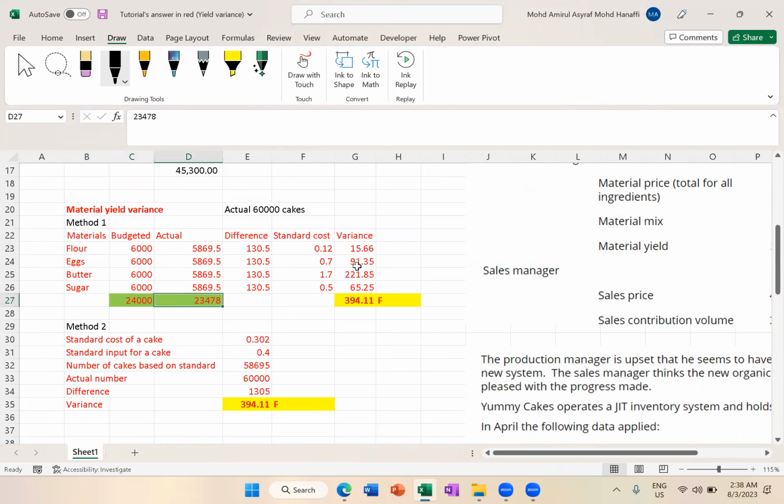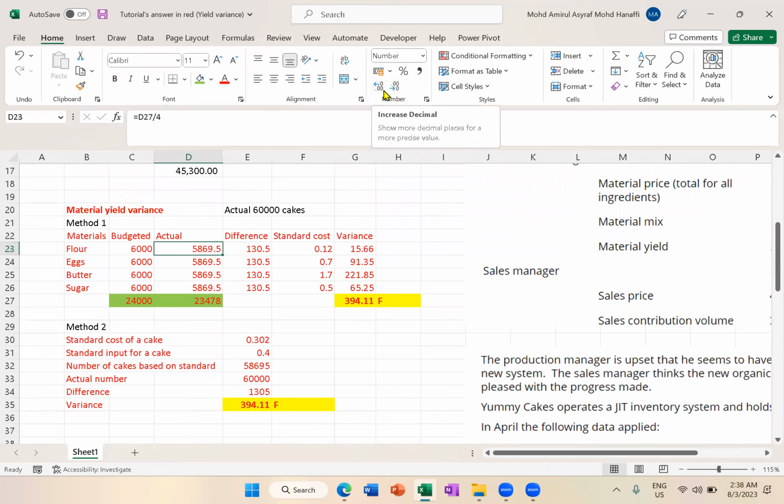So that's it. But if you look at the answer, they actually round it out. If I do this, sorry, you get 5870. When you get 5870, this will be 130, not 130.5. So that's not really a problem in the exam.